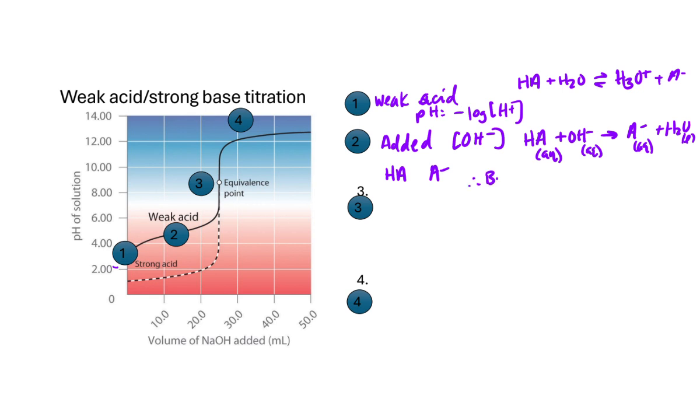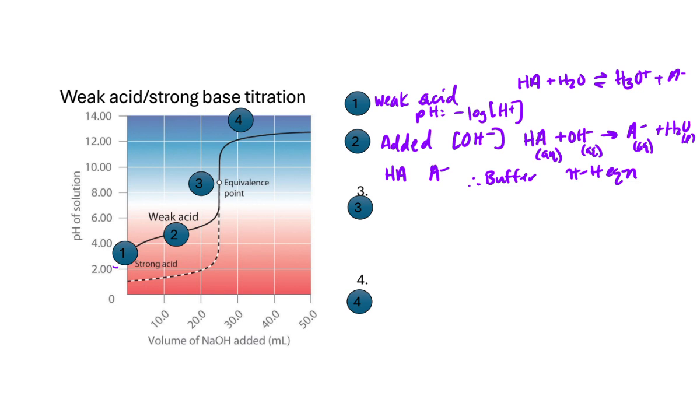Therefore, we have a buffer. So in region 2, anywhere after some amount of hydroxide has been added but before the equivalence point, we have a buffer, and we can use the Henderson-Hasselbalch equation to solve for the pH in that region.